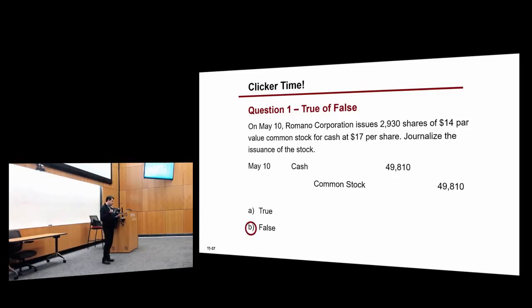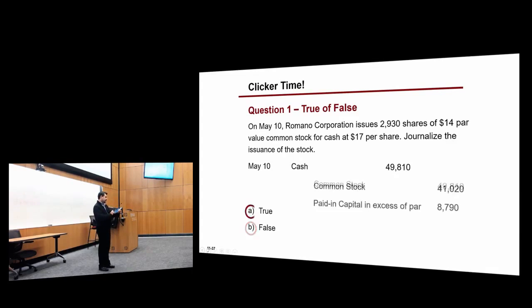So, the company issues 2,930 shares of $14 par value. So the par value is $14. Okay? It is sold for cash at $17. So in this case, what we did, we credited the whole amount to common stock. That's not correct. You need to credit common stock only at par value.